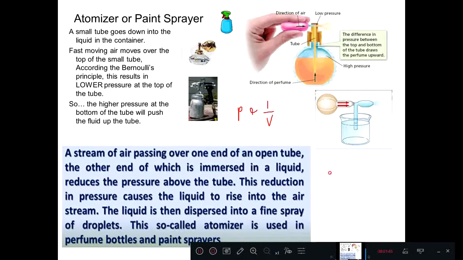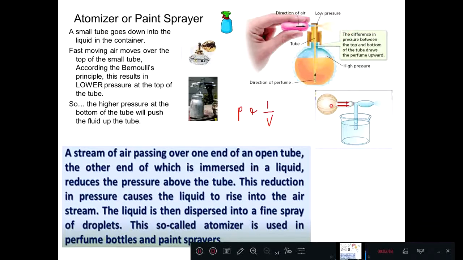When the rubber bulb which is attached to this tube is squeezed by the finger, the air flows through the tube.